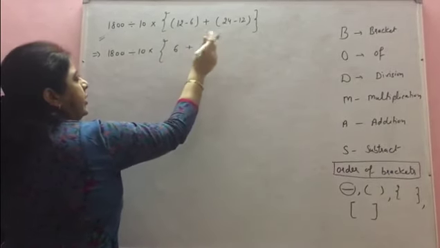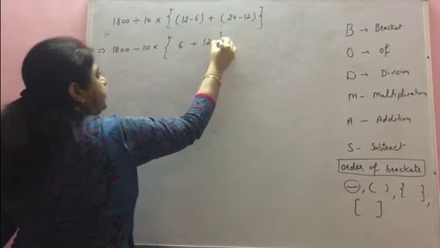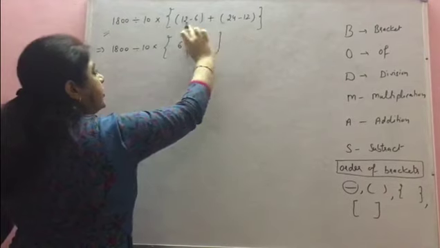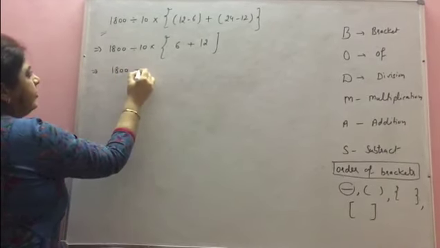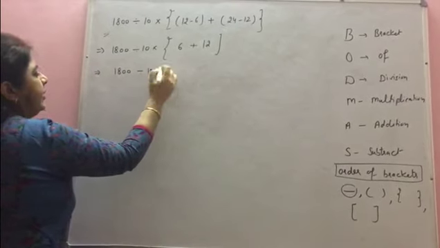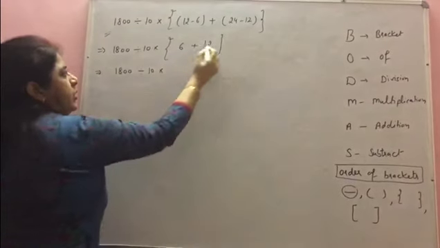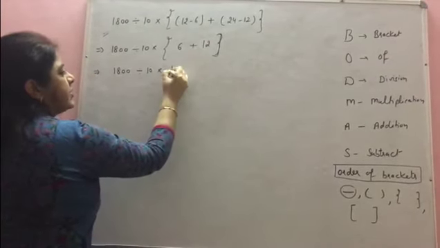This sign. And what is the answer of this? 24 minus 12 is 12. We can solve these two brackets together side by side. Now 1800 divided by 10 multiply. We will solve this curl bracket. This is your curl bracket. So 6 plus 12 is 18.